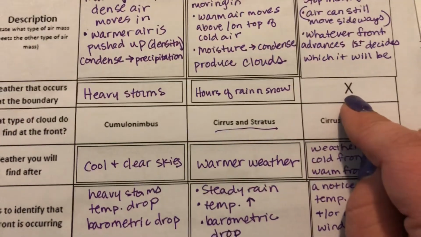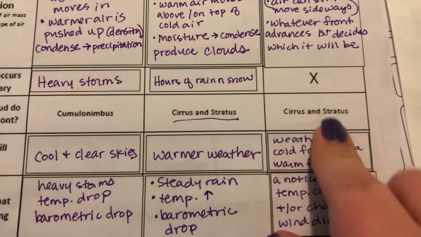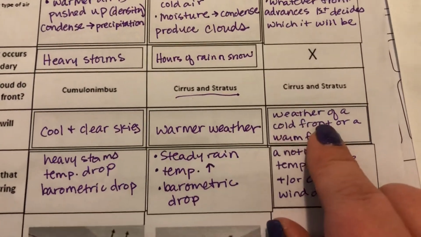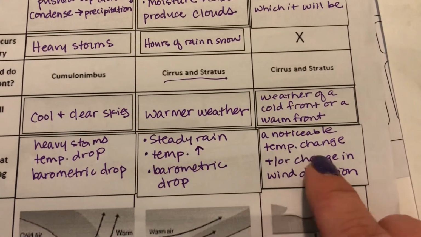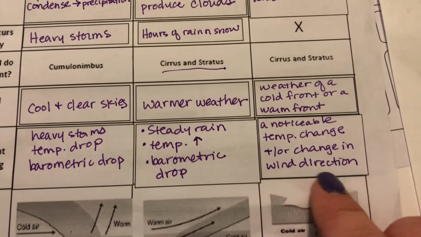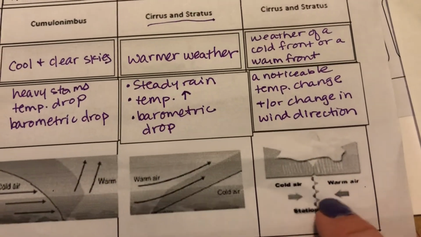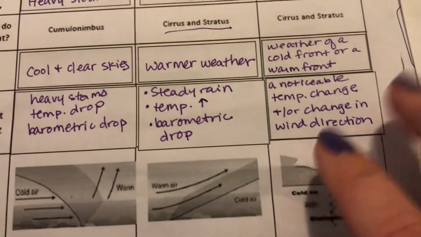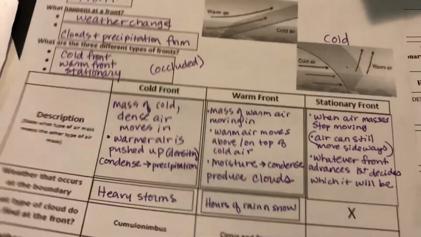Weather that occurs at the boundary is whether it's going to be a warm or a cold front. So that's what I put here. It could be either or. A noticeable temperature change and or a change in wind direction. Okay, so you see how they're fighting each other here, basically. So that is what the basis of the air fronts are.